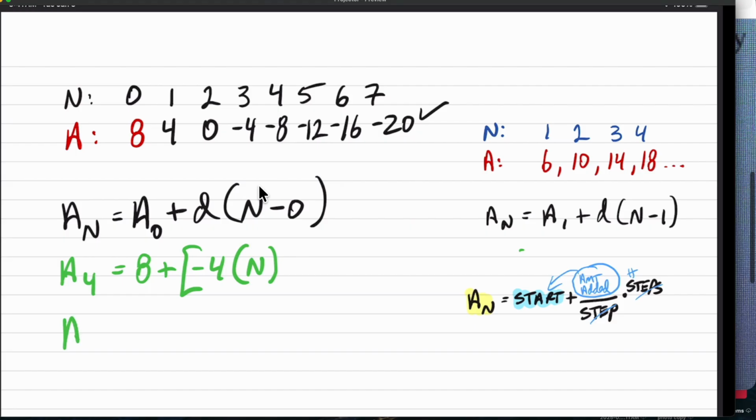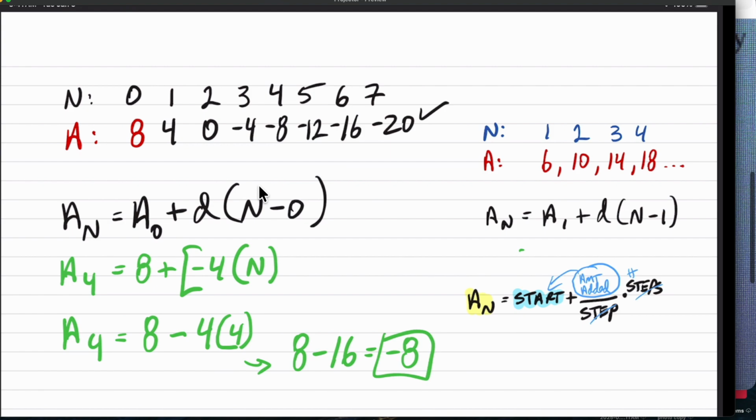In this example, our n value is 4. So this becomes 8 minus 4 times 4, and that's 8 minus 16, which is none other than negative 8. So that matches. So this is the correct formula for this sequence if and only if you're starting at a sub 0.